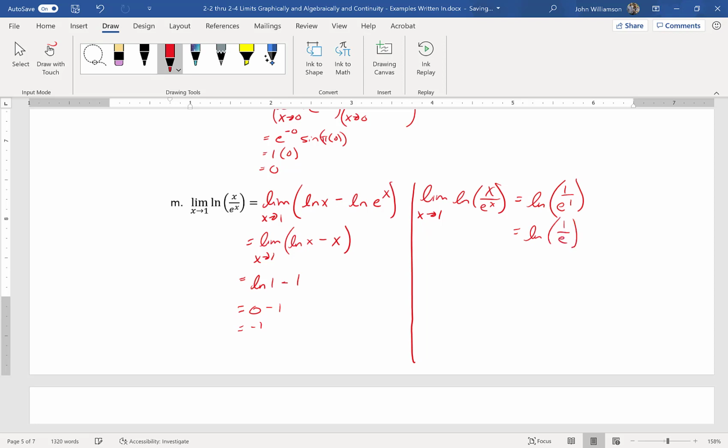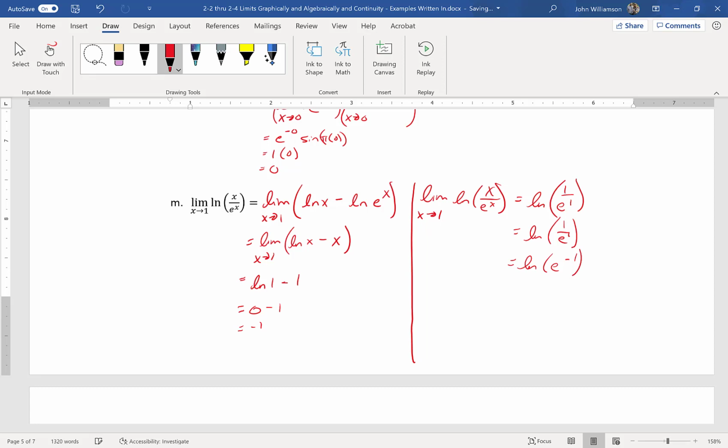So how are we going to simplify this? Remember, 1 over e is the same thing as e to the negative first power. Using our exponent properties, because that's technically e to the first in the denominator, using the negative exponent rule, bring that up and flip the sign of the exponent. This becomes natural log of e to the negative first power.